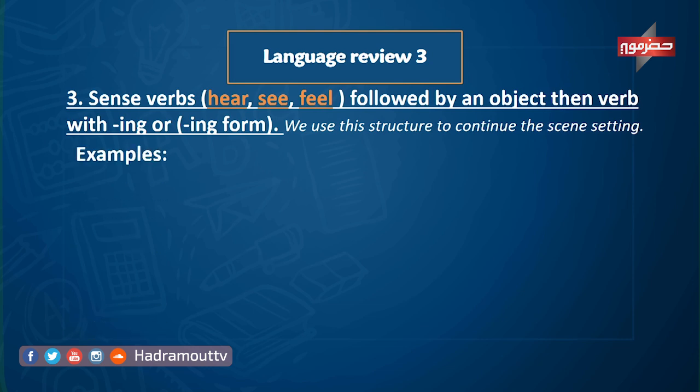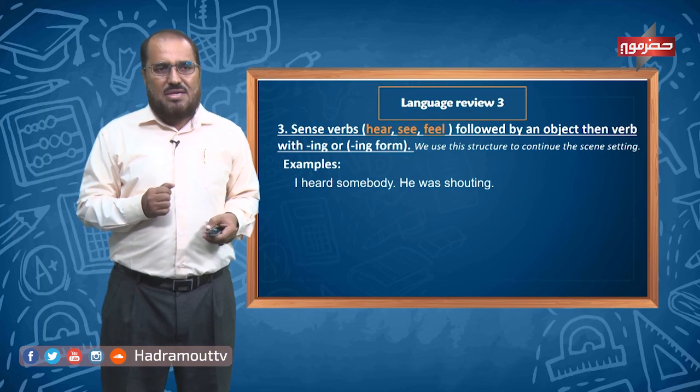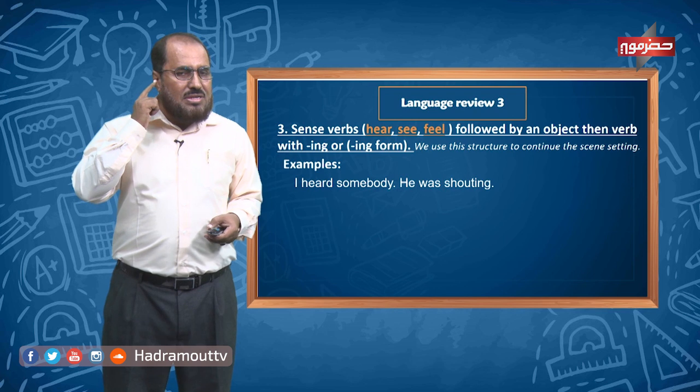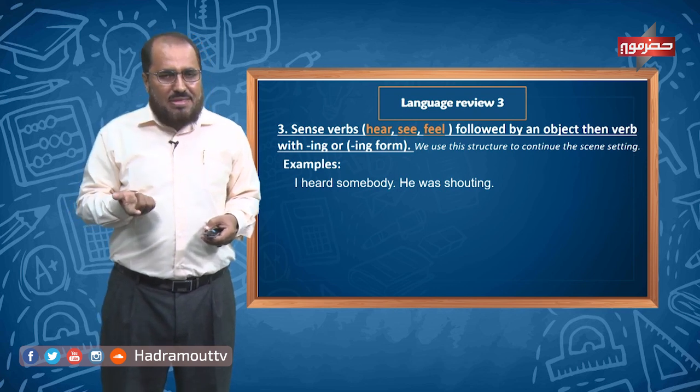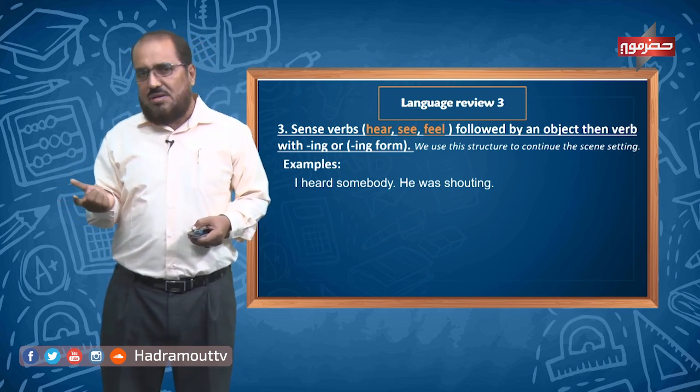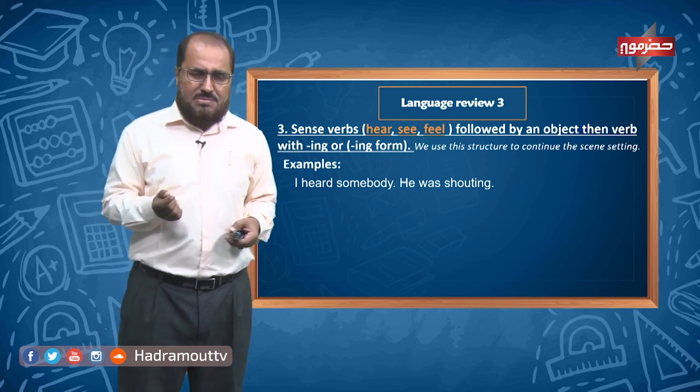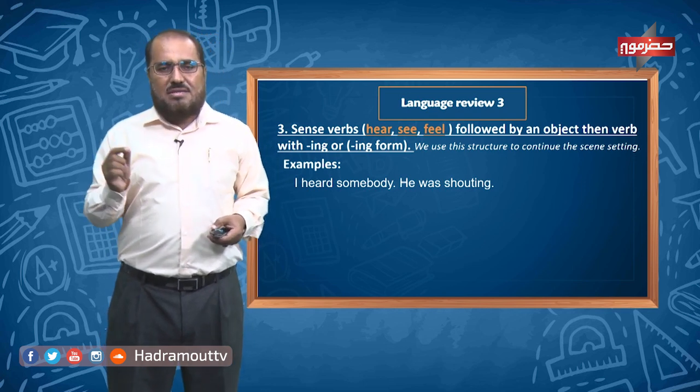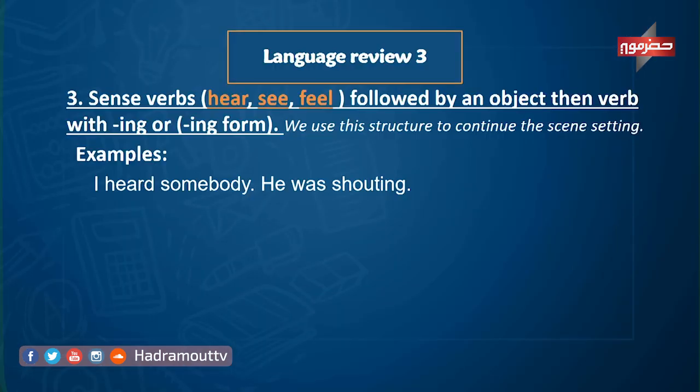For example, I heard somebody, he was shouting. I heard somebody, he was shouting. Here, this is the first sentence, two sentences now. Look at the board now, you can see two sentences.